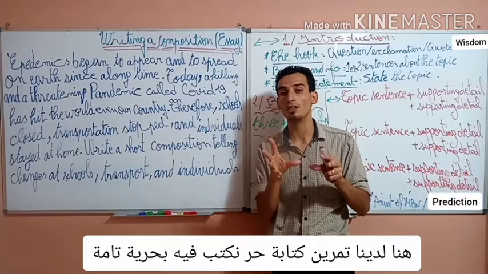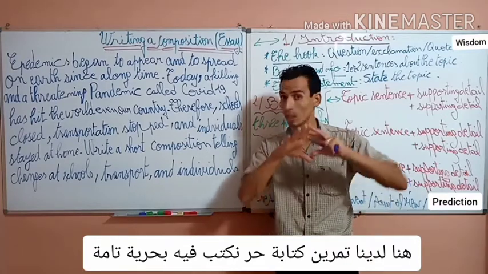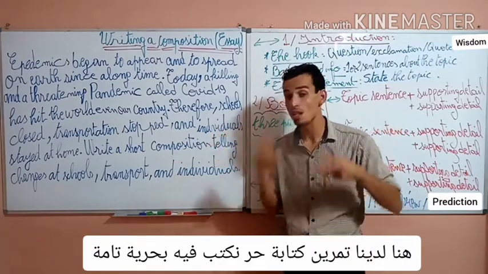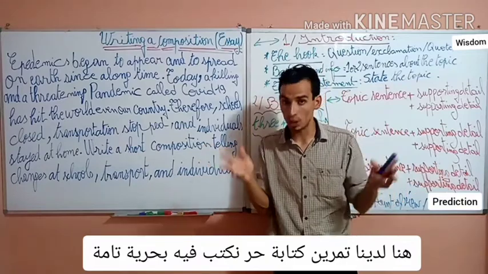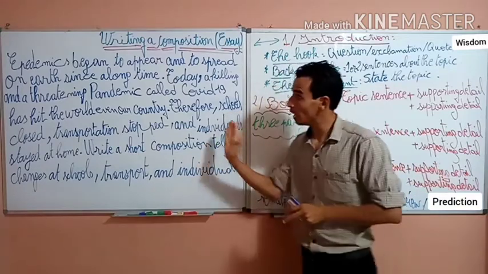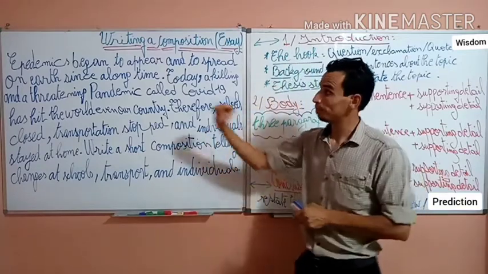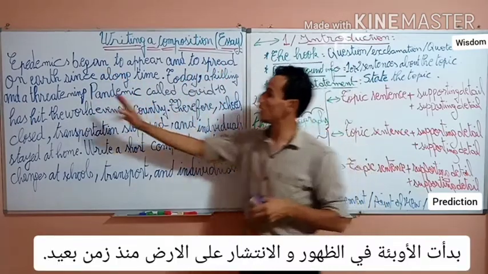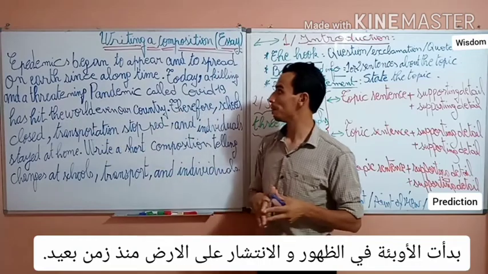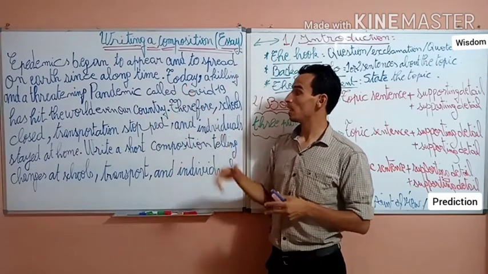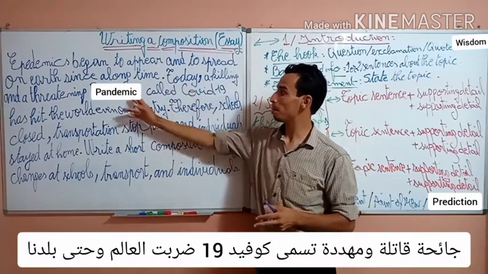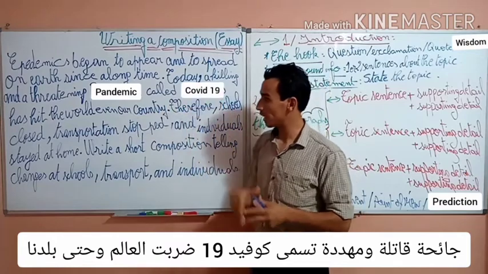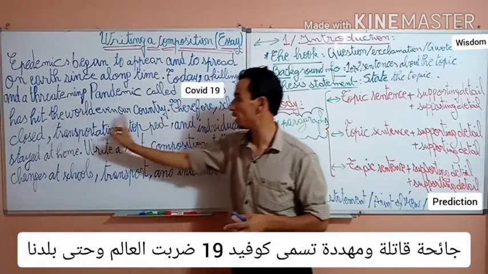Here we have a task that is not guided. This is free to write whatever you want. Let's start reading it. Epidemics began to appear and to spread on Earth a long time ago. Today, a killing and threatening pandemic called COVID-19 has hit the world and our country.